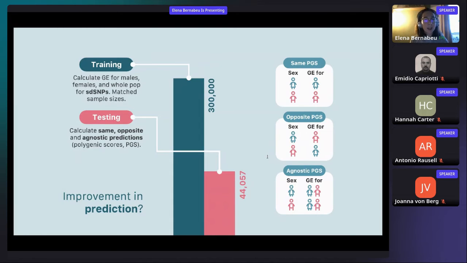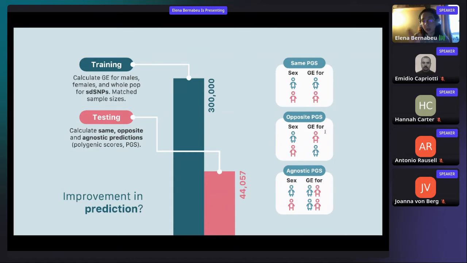Now, once we had our genetic effects for those three distinct models, we wanted to test whether we could improve prediction. So to do that, we obtained phenotype predictions for each individual in our testing data set in three different ways. First, we obtained the same-sex polygenic score, or the same-sex prediction, by which if you were female, then to obtain your prediction, we would be using the genetic effects from the female-specific model. If you're a male, then we would use the genetic effects from the male-specific model.